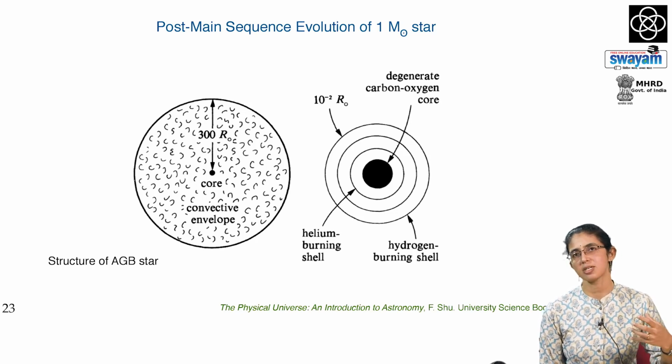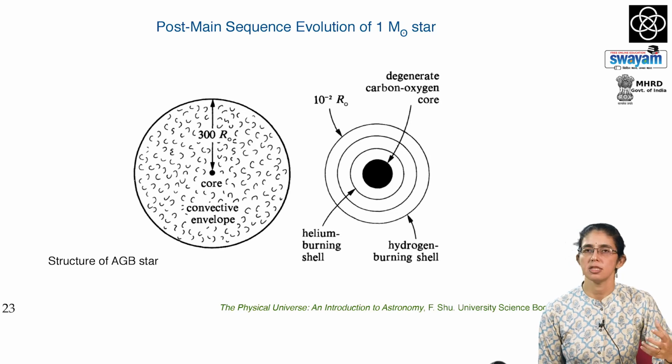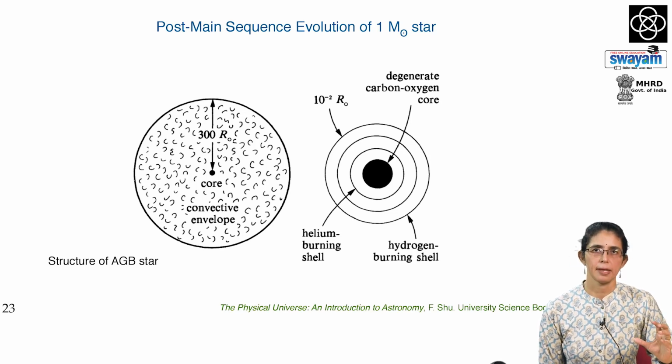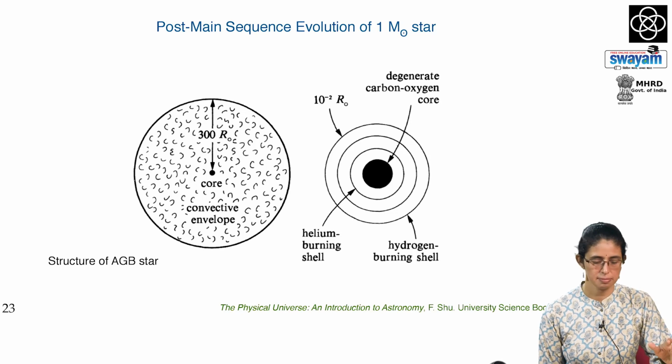And now, what is left is the white dwarf, which does not have any source of energy production, but it is very hot because of the energy remaining as a result of the nuclear processes.